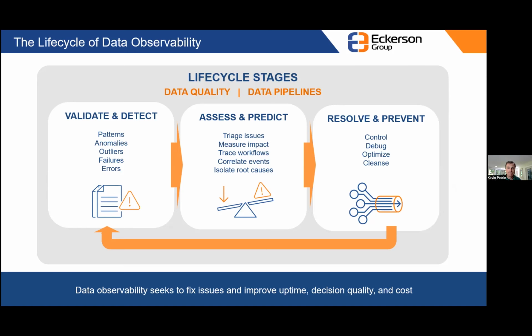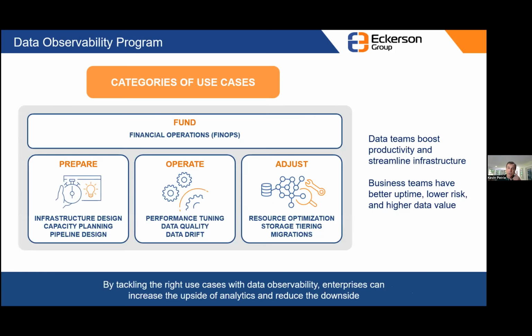cost. Okay, use cases. There are four categories of use cases. The first is preparation of your environment. This gets into infrastructure design, capacity planning, and pipeline design. The second category of use cases is operation. And here we're looking at performance tuning.